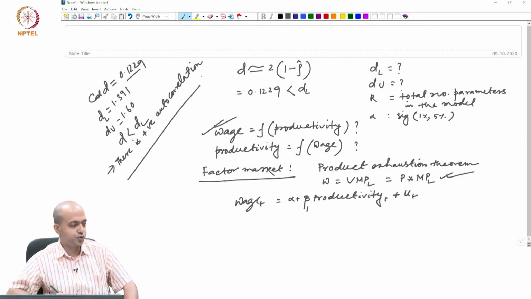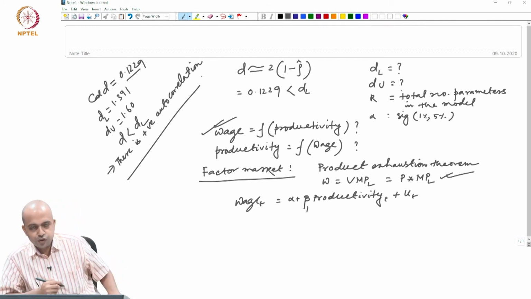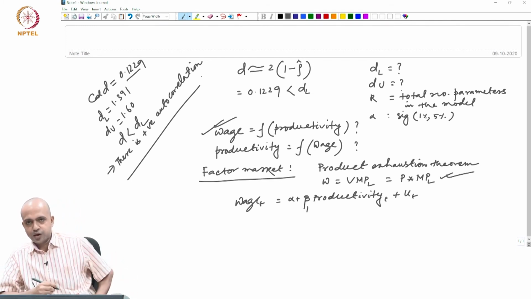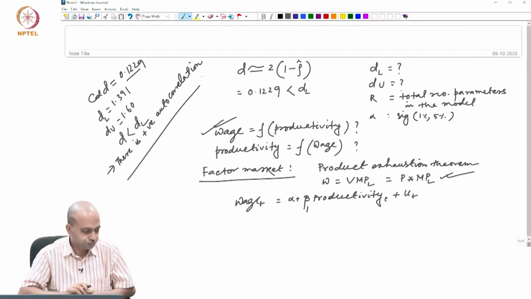That is how you have to take your decision: there is positive autocorrelation. This is how you get it from the Durbin-Watson test statistic.